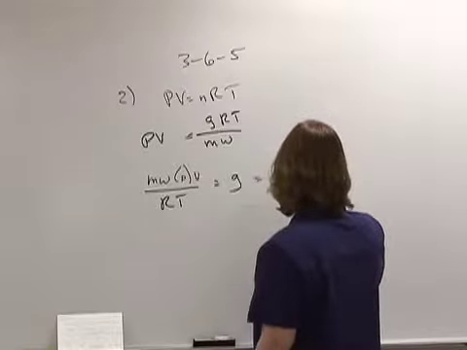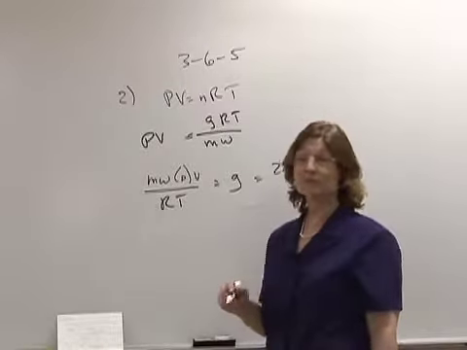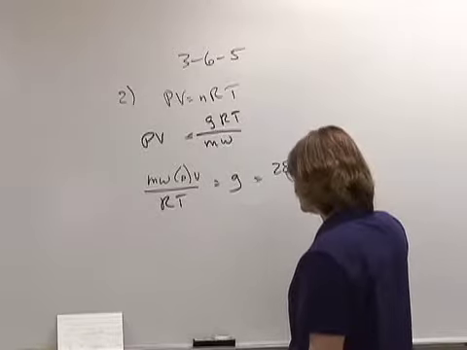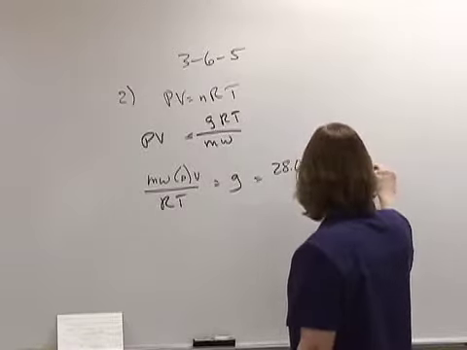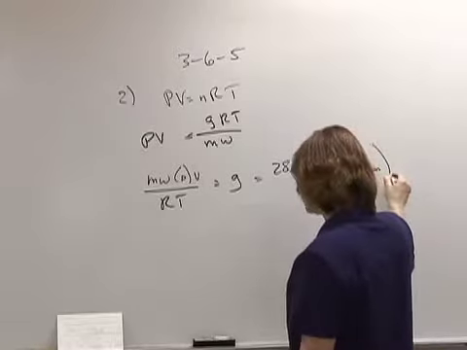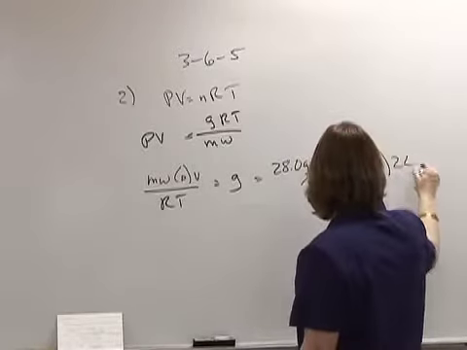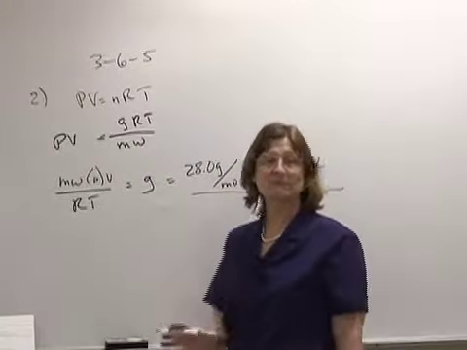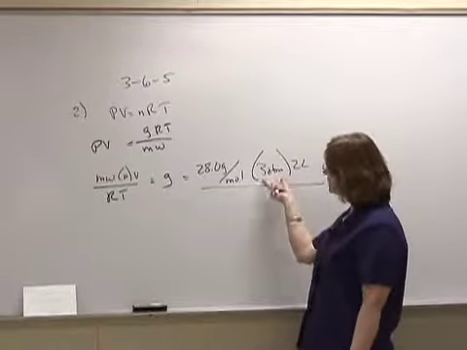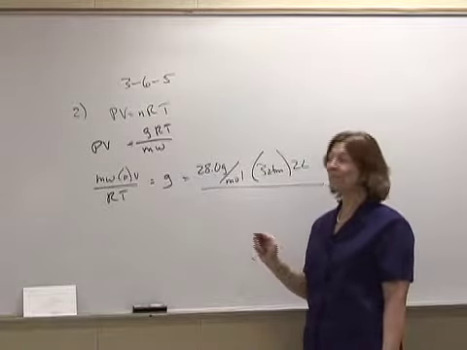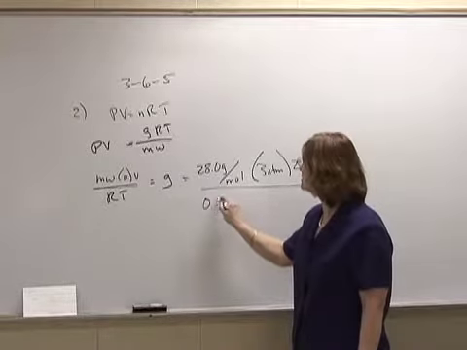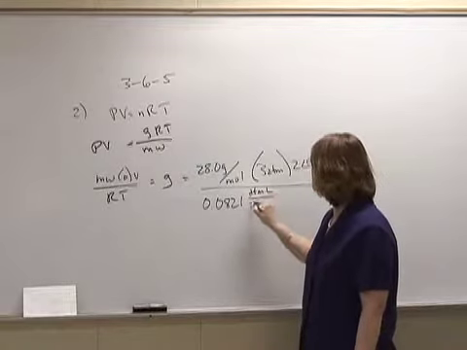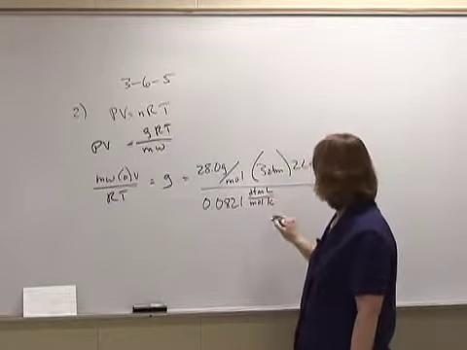Molecular weight is grams per mole. And the pressure that we're given in the problem is 3 atm. And we're given a volume of 2 liters, and I will divide that by the ideal gas constant in atmospheres. Because I have atmospheres, I must use the constant that is in atmospheres, and that would be 0.0821 atmospheres liters per mole Kelvin.